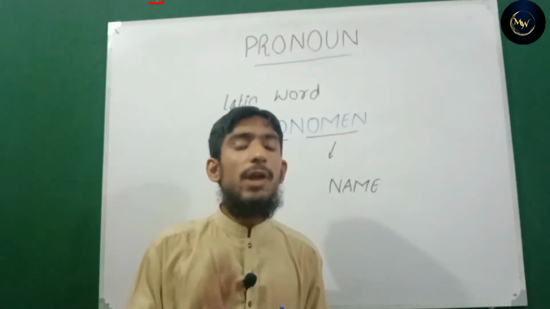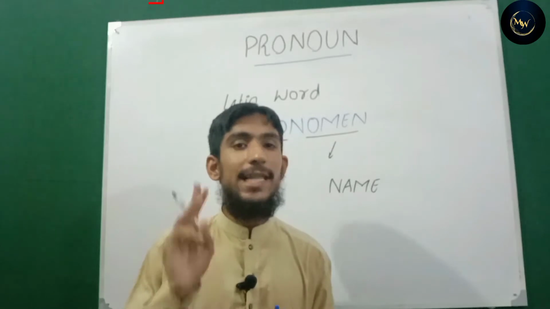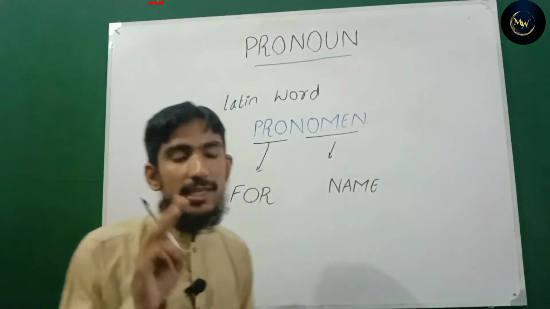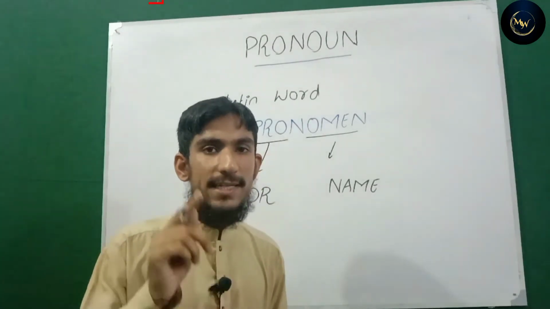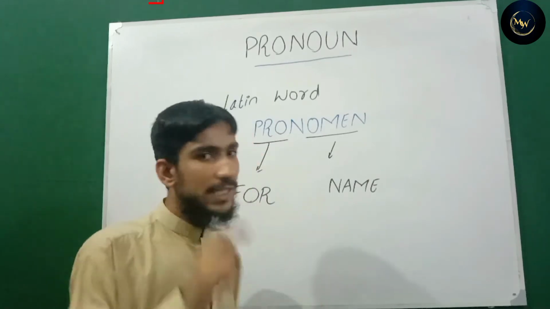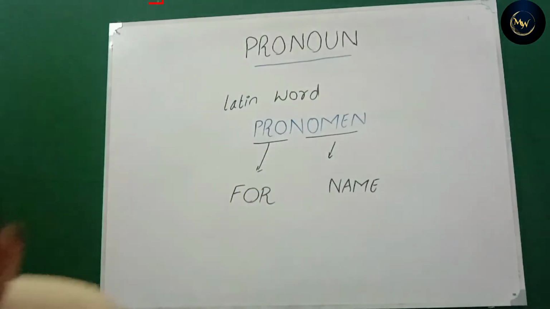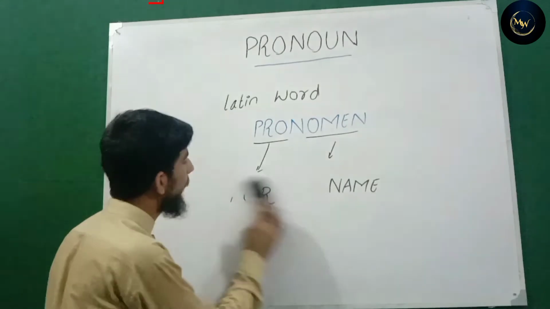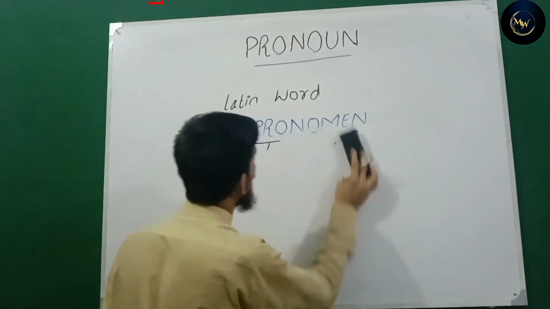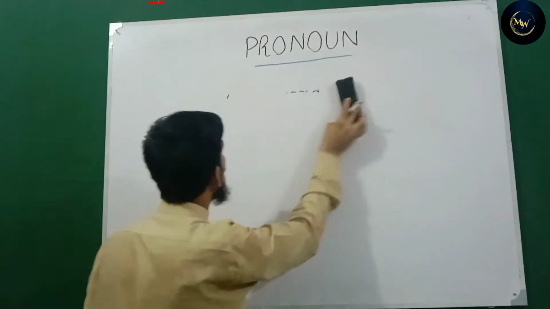But the native writers have also written in their books that for has basically three meanings in English grammar. We will discuss the meanings one by one. So let's begin. What are the meanings of for?